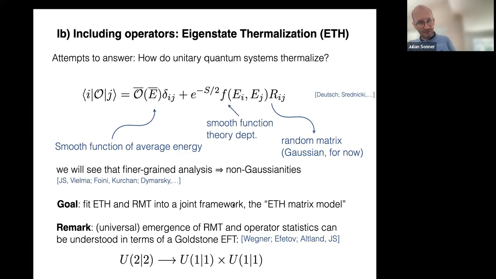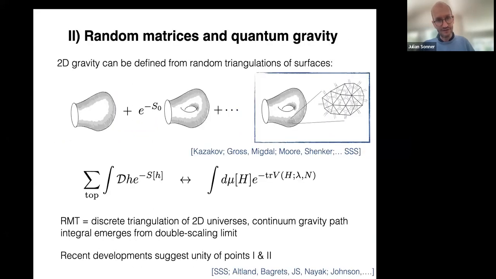You can actually think of this as a manifestation of a very universal symmetry breaking principle, which I'm just illustrating here with some supergroup symmetry breaking. We don't need to really talk about the details here, but it's universal in the same sense that Goldstone effective field theories are universal, and you can understand the emergence of random matrix theory for chaotic systems in this context. So it doesn't just come out of thin air, even though in the beginning, Wegner really seemed to have pulled it out of thin air. It was just a really fantastic guess.